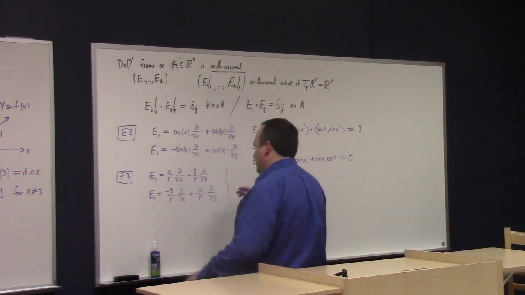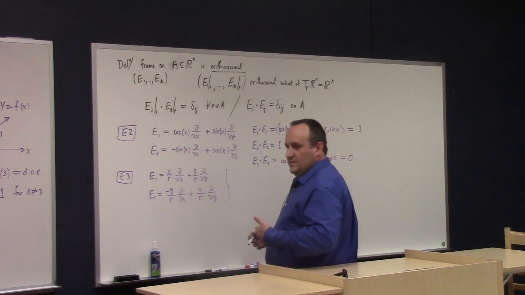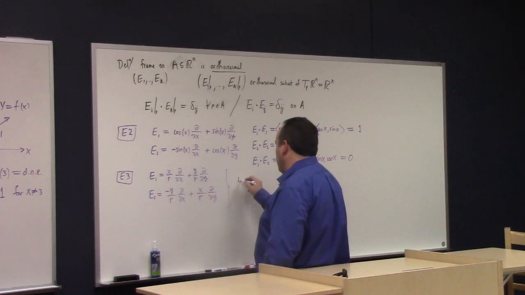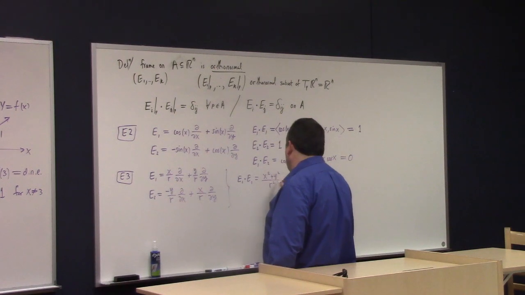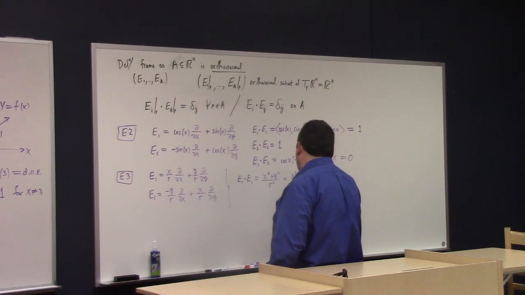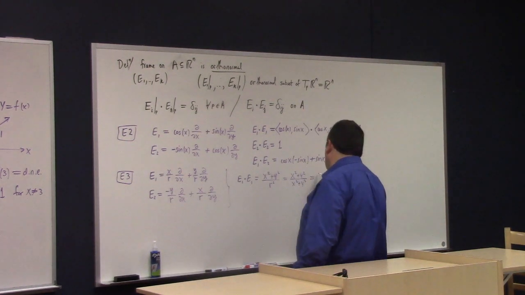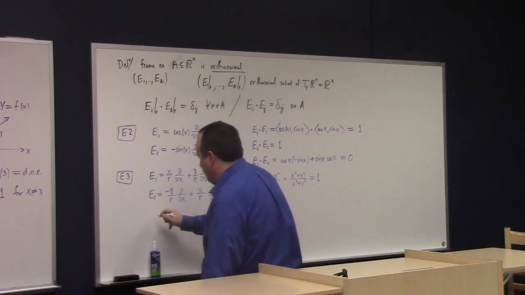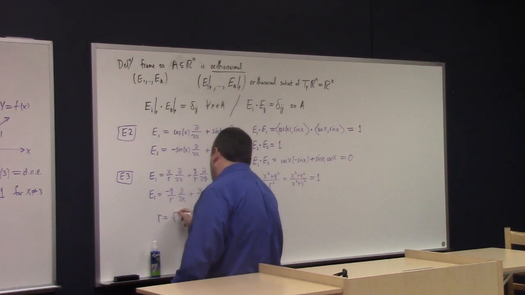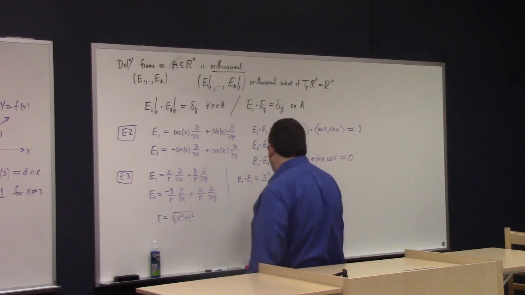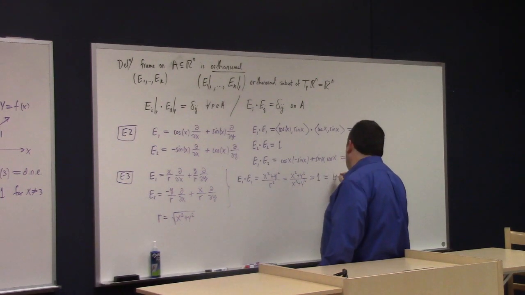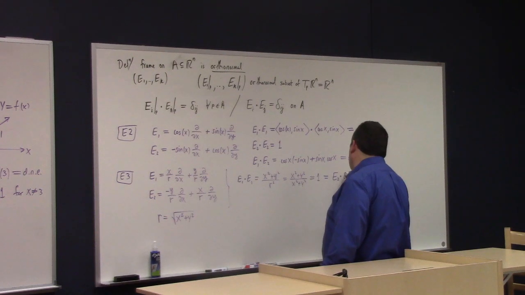And you can again check with respect to the dot product that we just introduced that E1 dot E1 is equal to x squared plus y squared over r squared, which is x squared plus y squared over x squared plus y squared, because r here means the square root of x squared plus y squared. So that's 1. R, by definition, is the square root of x squared plus y squared for this example.